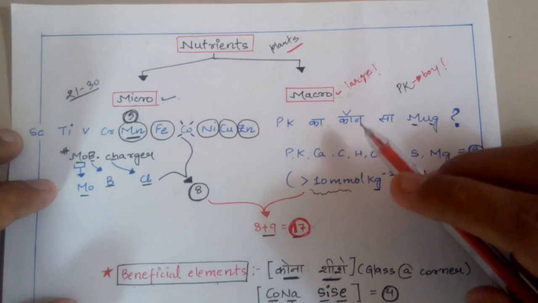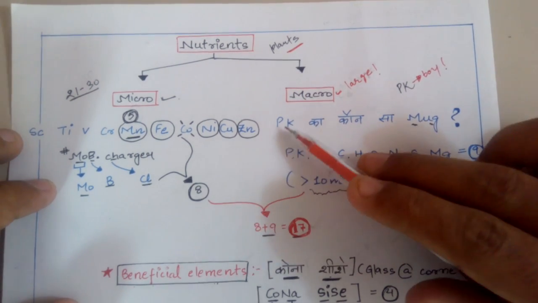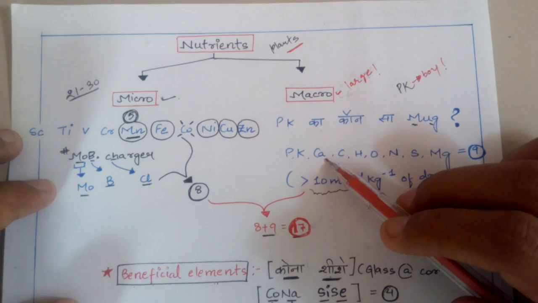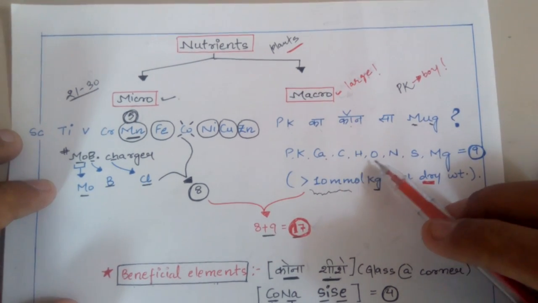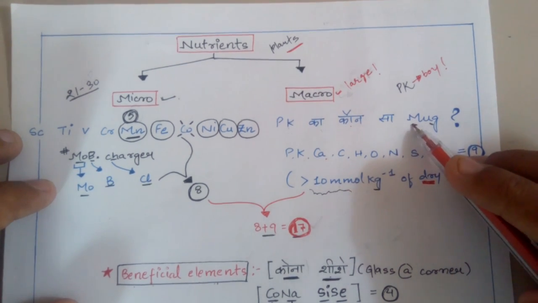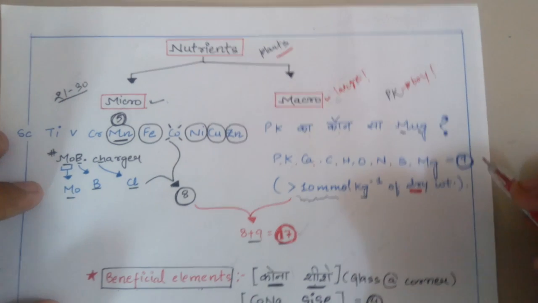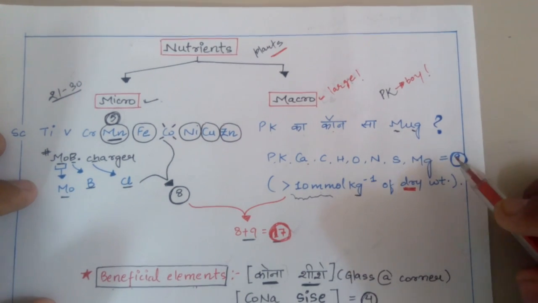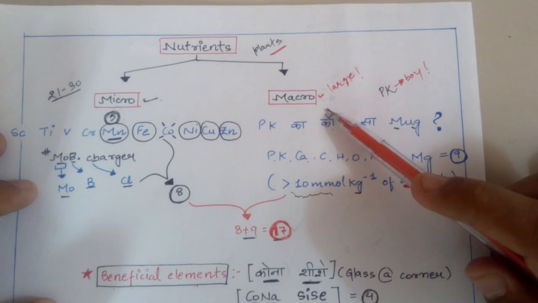P and K means phosphorus and potassium. Ka means Ca, that is calcium. Con, that is CHON, simply means carbon, hydrogen, oxygen and nitrogen. Sa simply means S, that is sulfur, and Mg simply means magnesium. So these are the 9 very important macronutrients present in plant body.